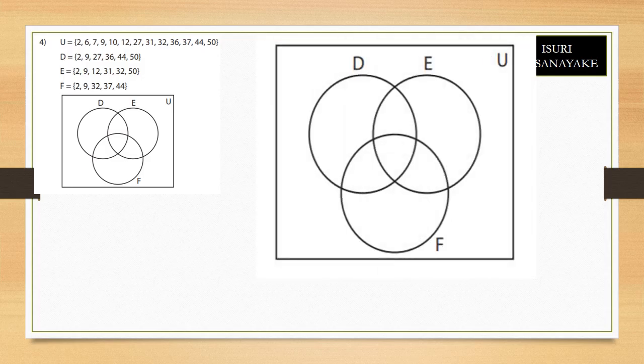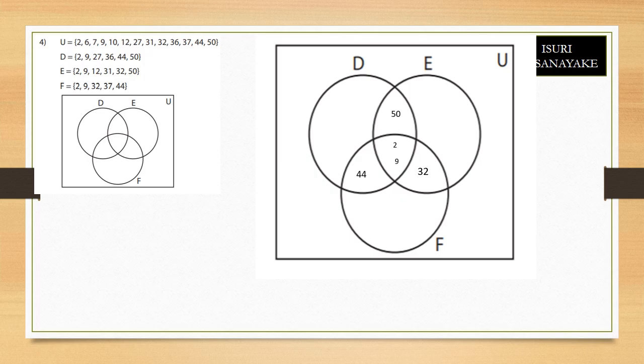And the first thing is you have to find out the common value for all three D, E and F. So that we have 2 and 9. Then I have the element that is common for D and E only, which is 50. Also I have the element that is common for D and F only, that is 44, and it is E and F only, which is 32.